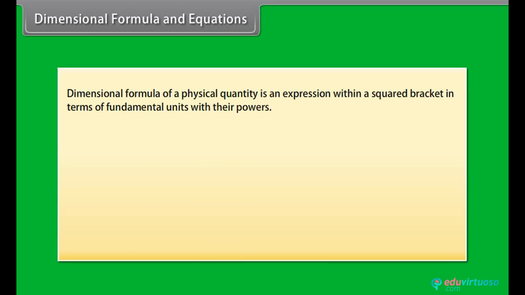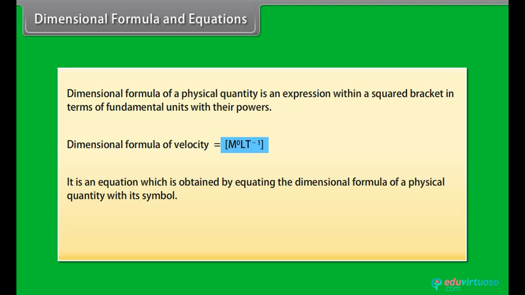Dimensional formula and equations. Dimensional formula of a physical quantity is an expression within a square bracket in terms of fundamental units with their powers. Let us take an example. Dimensional formula of velocity is [M^0 L T^-1]. Dimensional equation is an equation obtained by equating the dimensional formula of a physical quantity with its symbol.